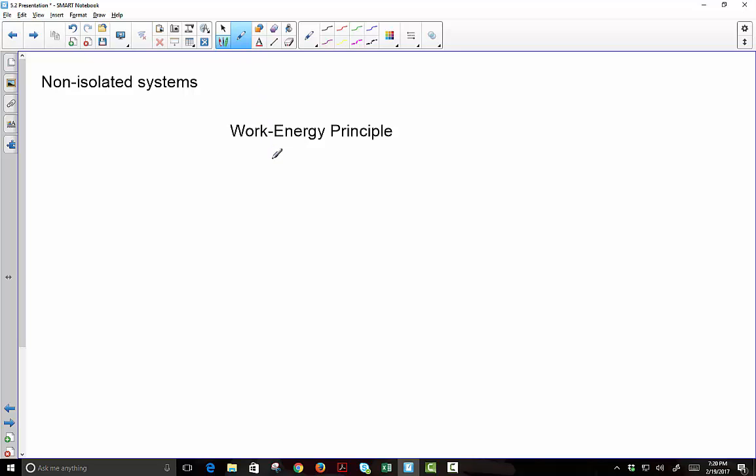So the work-energy principle says that the net energy before, plus any work done on or by the system, the difference between that: if it's done on, that's positive work, so we've added energy into the system, and if it's done by, then it's negative work, so we've taken some of the energy out, and that's equal to the total final energy.